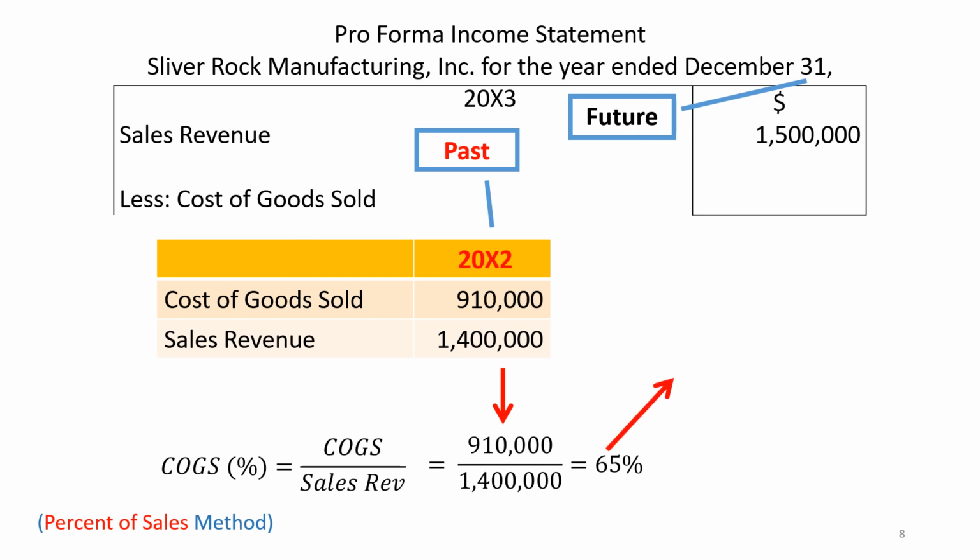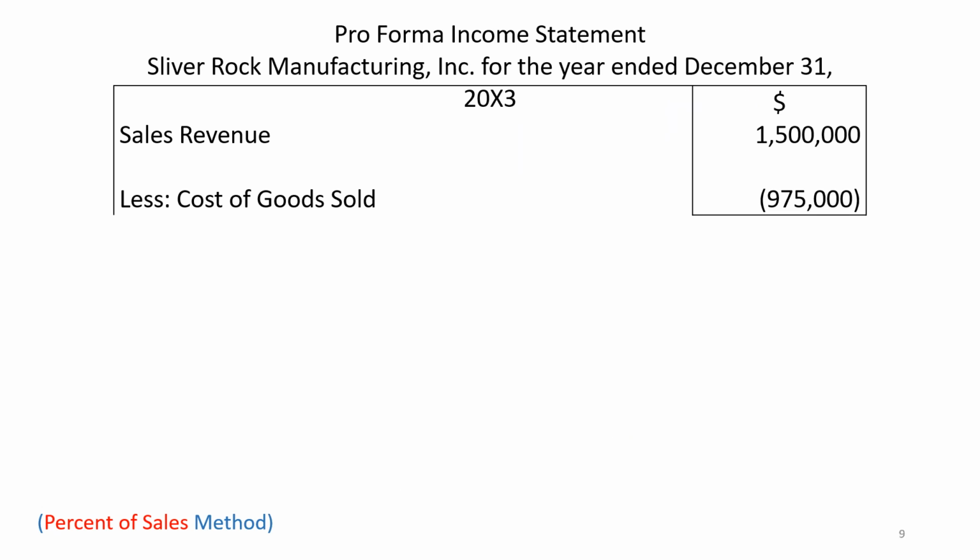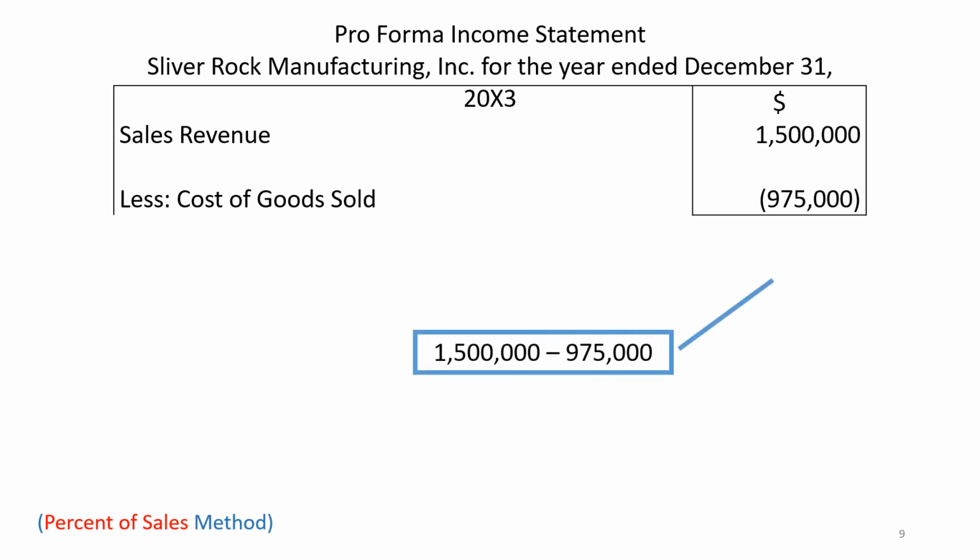We use 65% times the sales revenue of 20X3 and we'll find the figure for cost of goods sold. Sales revenue minus cost of goods sold gives you the gross profit.